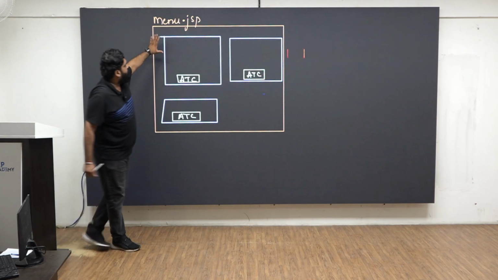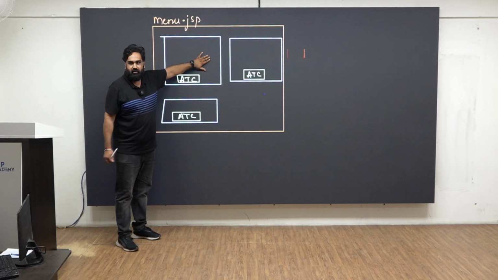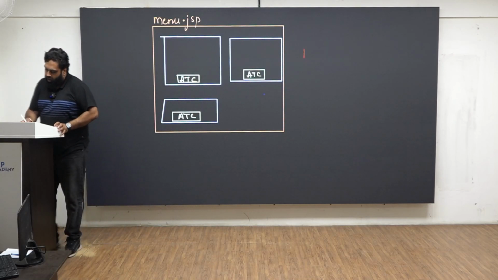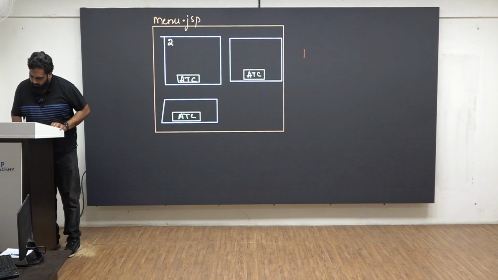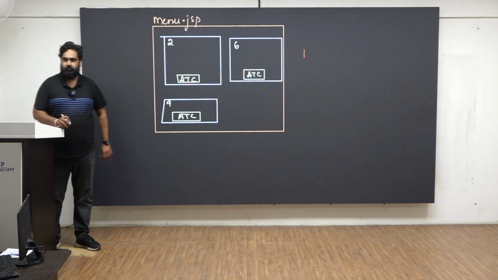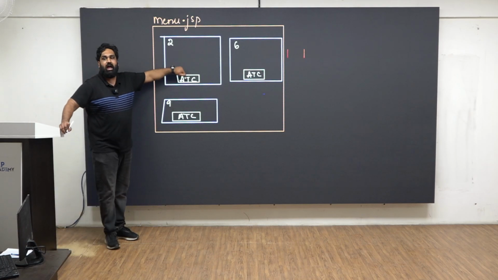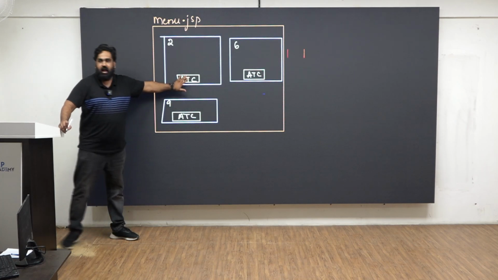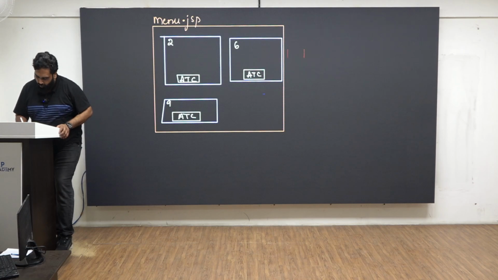There will be a name of this item, image, every detail you will be displaying. ID is also there. So let's assume for this item the ID is 2, for this item the ID is 6, for this item the ID is 9. I am going to say I want to add this item to cart.